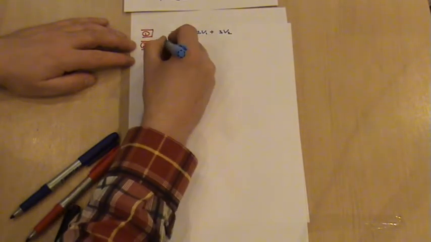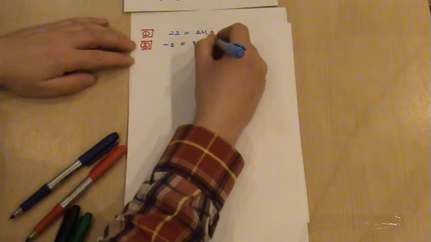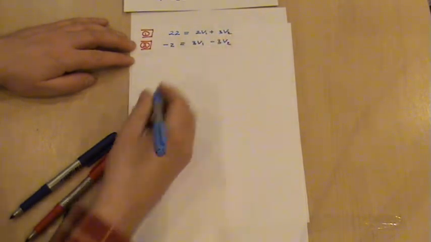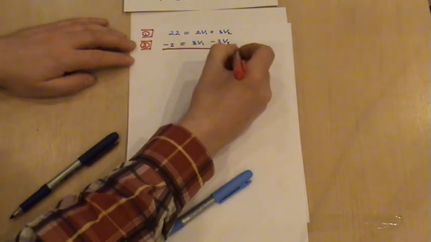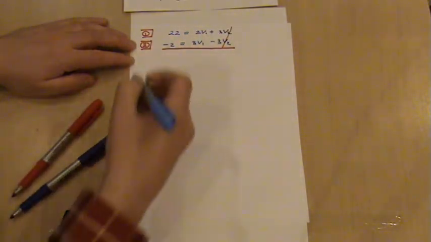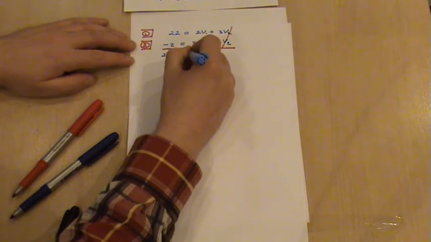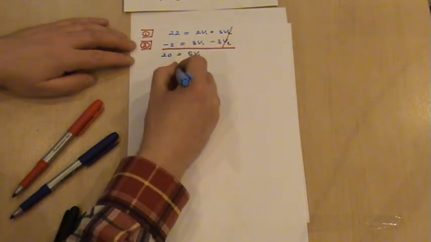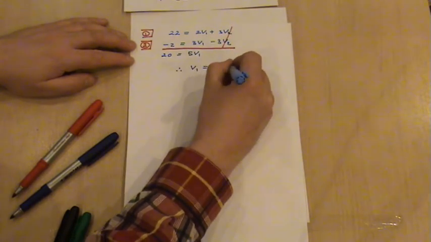And equation number 2, we had minus 2 equals 3v1 and a minus 3v2. So when adding these together, the v2s cancel. On the left, we've got 20 equals 5v1, and therefore v1 works out as 4 meters per second.